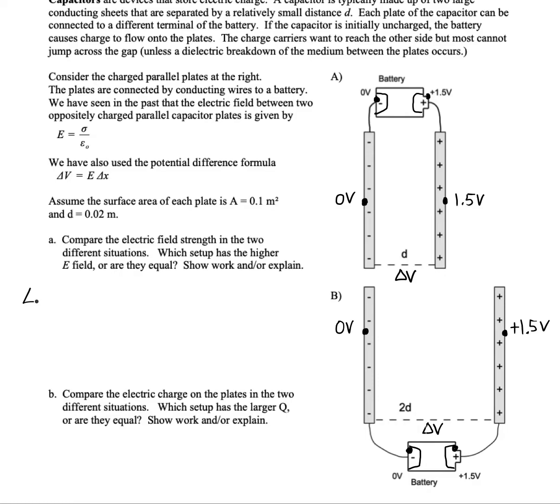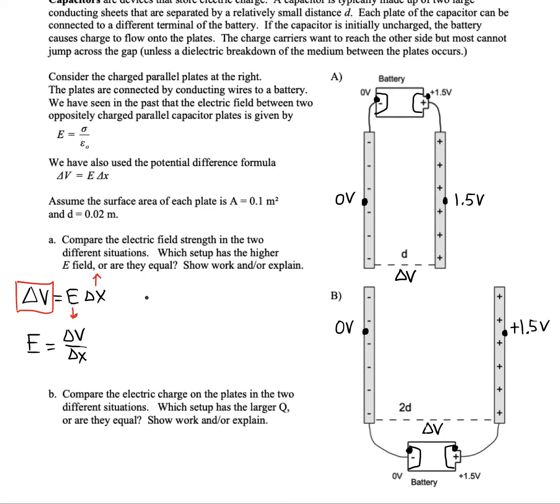All right, so we have the formula delta V equals E delta X. Delta V is going to remain constant for this situation. So as delta X goes up, we expect our electric field to go down. We can rearrange this formula to solve for E.